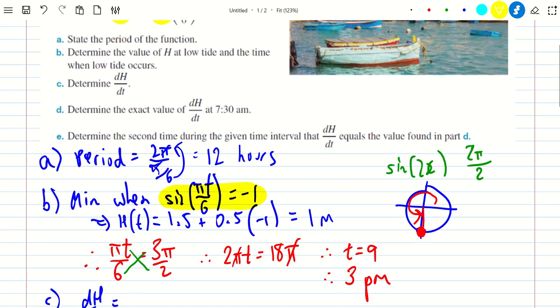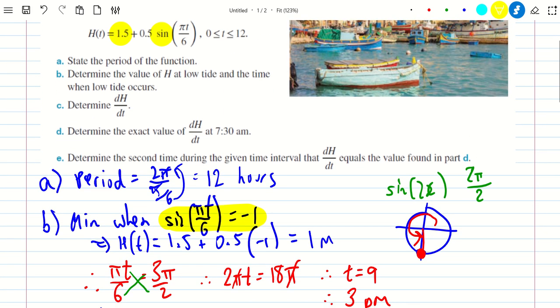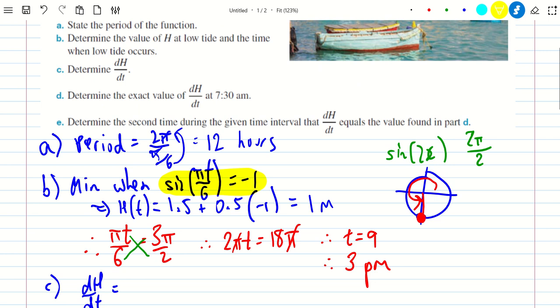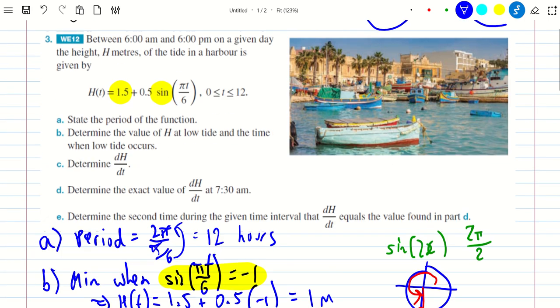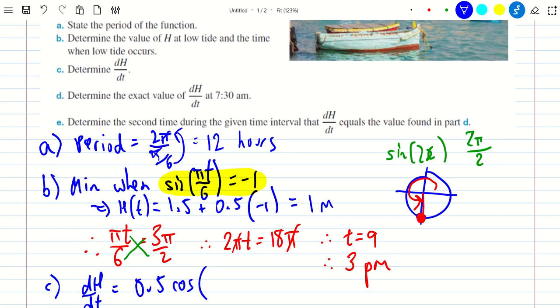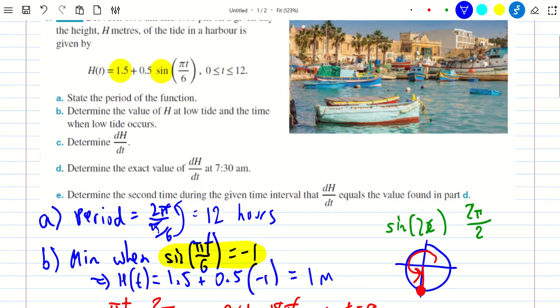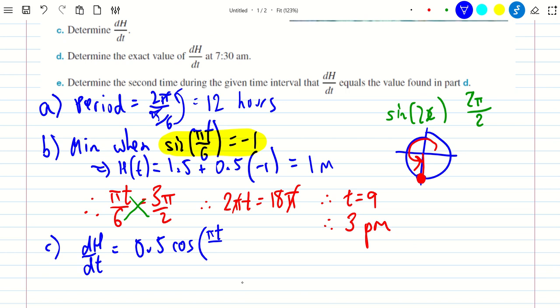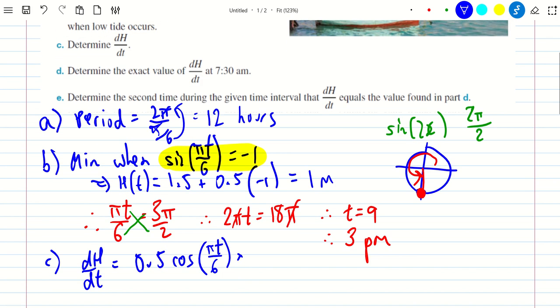It's going to be 0.5, the derivative of sine is cos, and the inside stays the same. That's what happens with the chain rule. Inside will stay exactly the same, pi t over 6. And then we need to multiply by the derivative of the inside.